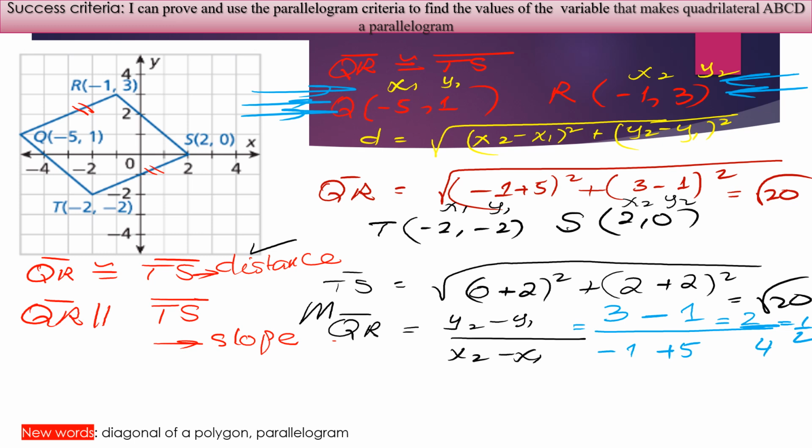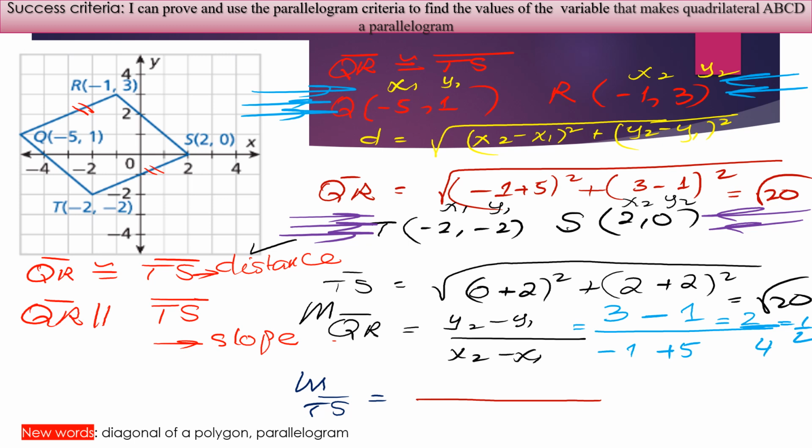Next find out the slope of TS. To find the slope of TS, our eyes must be here at this side of the board. Let's put it in the formula. Our y2 is 0, y1 is -2, negative, negative, +2, x2 is 2 minus x1 is -2, negative, negative, +2. So 2 over 4 gives me half.